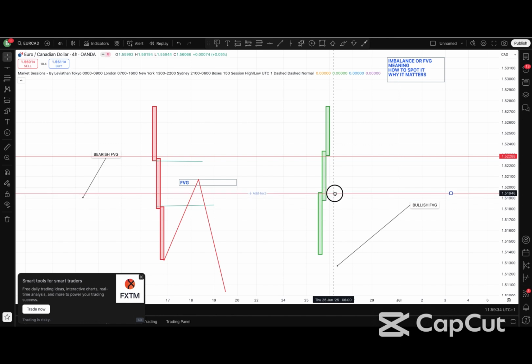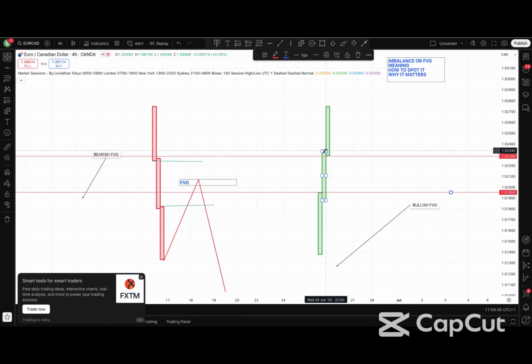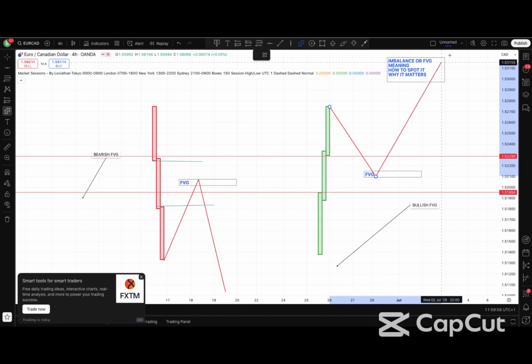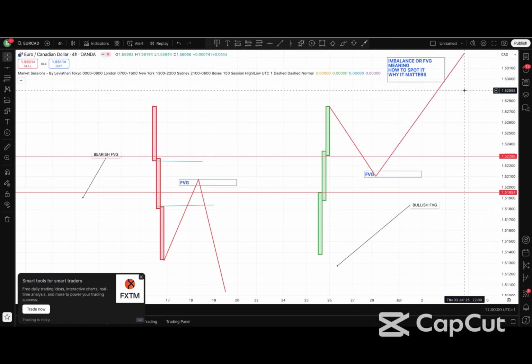Okay, we are marking the end of candle 3, which is this point. Candle 1, candle 2, and candle 3. So this created a fair value gap. Okay, because as it is going up, we're expecting the price to come to reverse into this 50% of the candle, or maybe 80% of the candle, or 100% of the candle to fill that zone. It will definitely come to fill the zone before pushing to the upside.